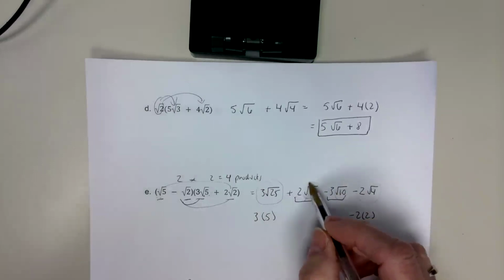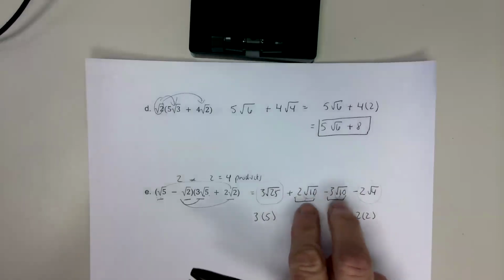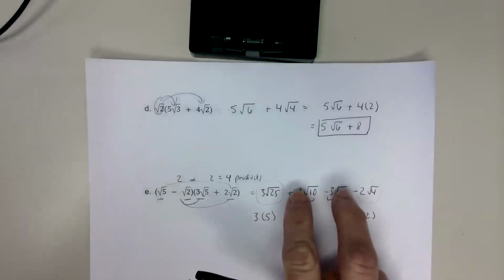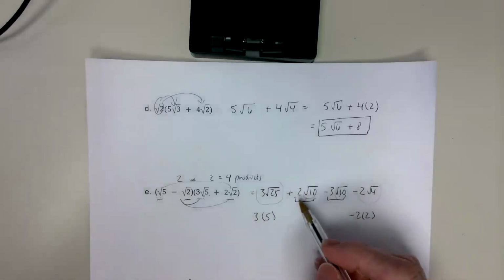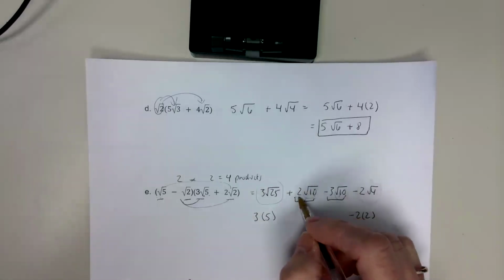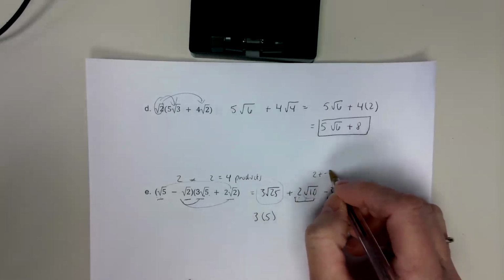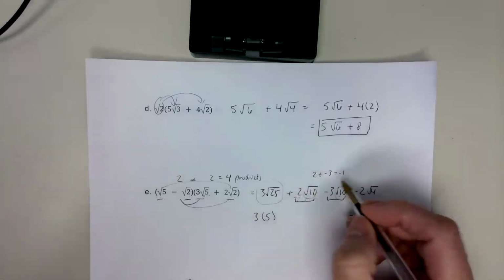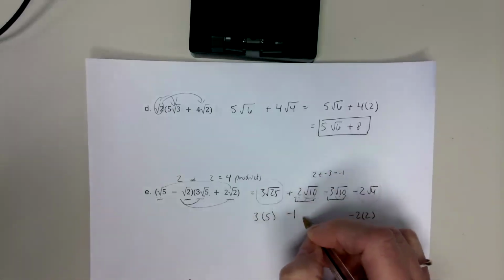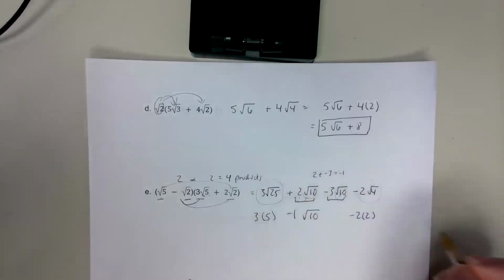It's just kind of like an x here or a star. It doesn't matter what the square root of 10 is because they're the same thing. We can add the number of those that we have. So we have plus 2 and minus 3, which is a negative 1. So we really have minus 1 of the square root of 10.